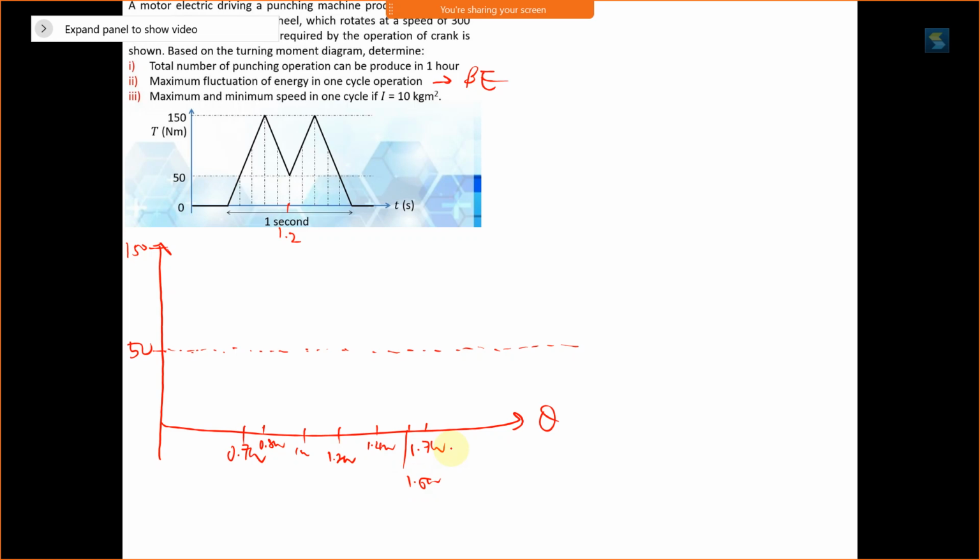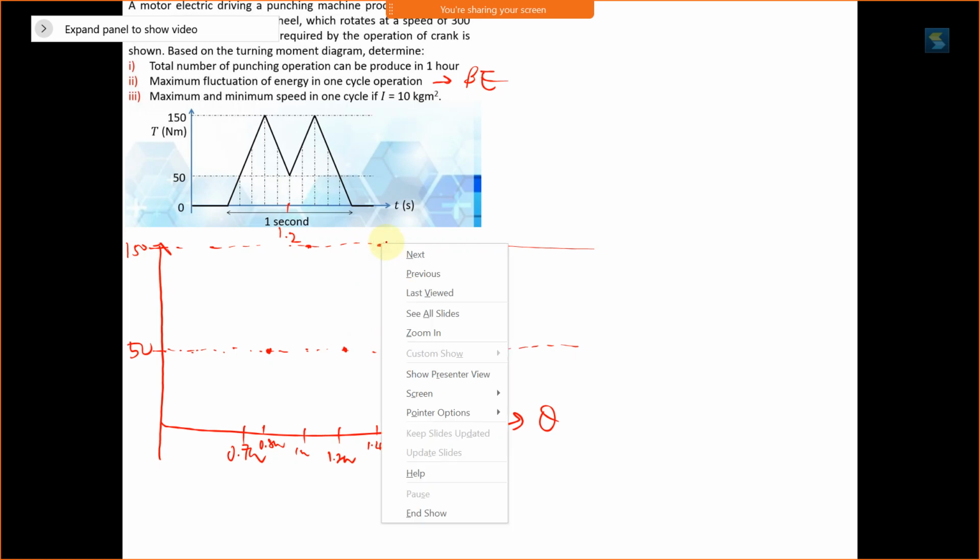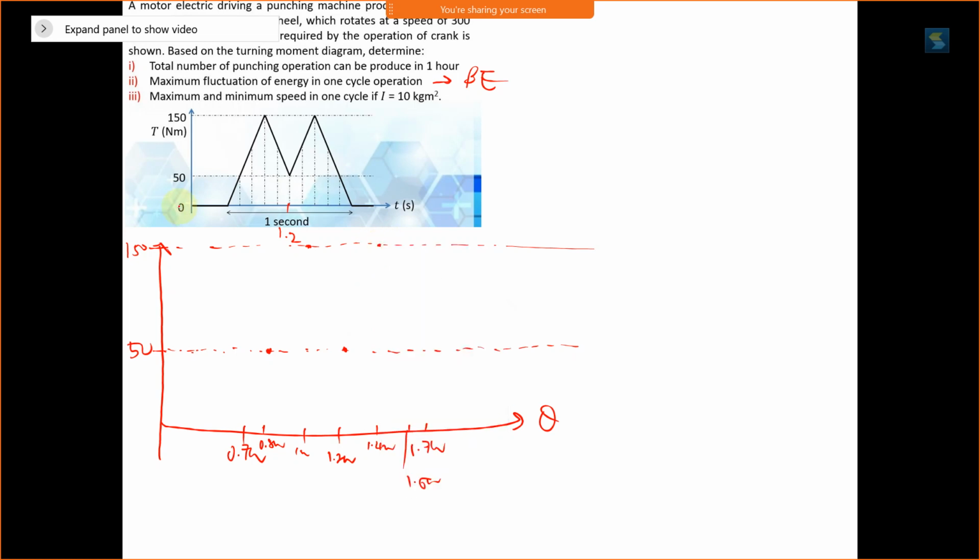Okay, so now 1.2 is the point here, and then 0.8 is the point here. There is another 1 omega at the top, okay, at the top. And then after that we have 1.4 omega at the top, and then 1.6 omega here. And the last one, 1.7, at the bottom.